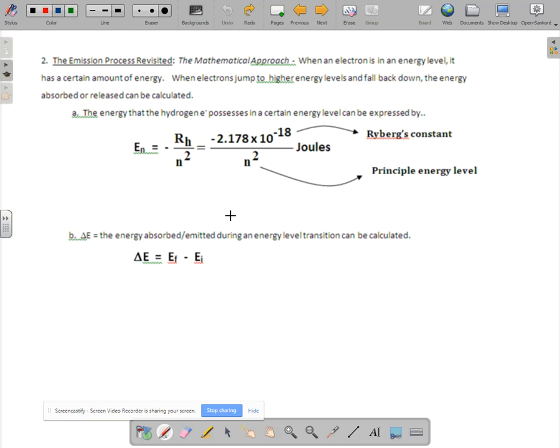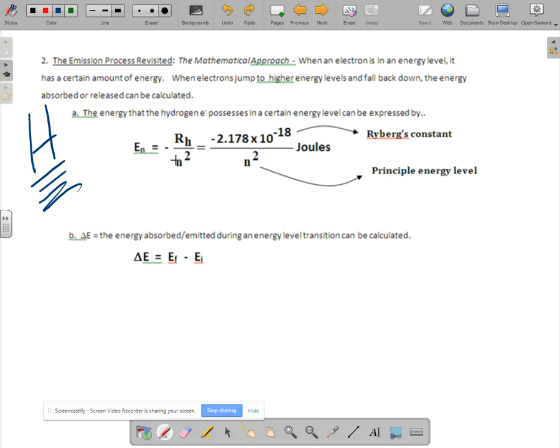All right, so we have this formula, and let me be clear that this particular formula only works for hydrogen. I've seen some books that go through energy transitions with helium, and usually that's about it, because then it gets pretty difficult to do these calculations or see the patterns.